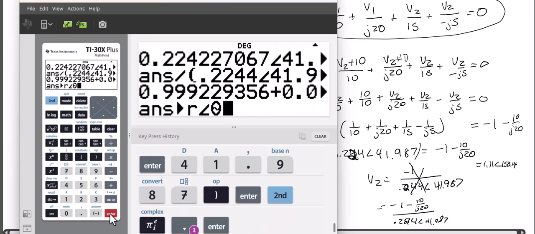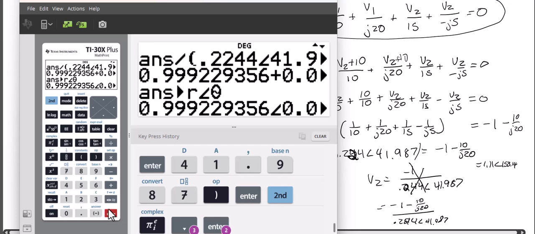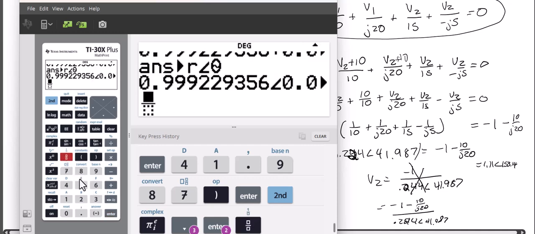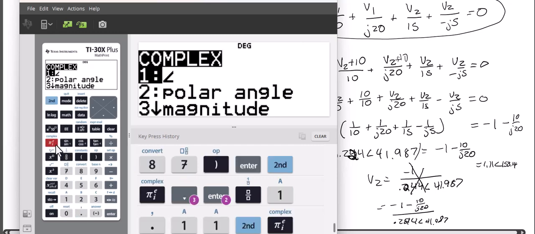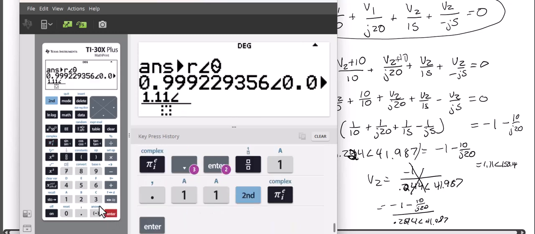I guess it was. I got it. I think it's because this is V2 plus 10. Come on, it's right here. And then we're not going to have V2 involved.